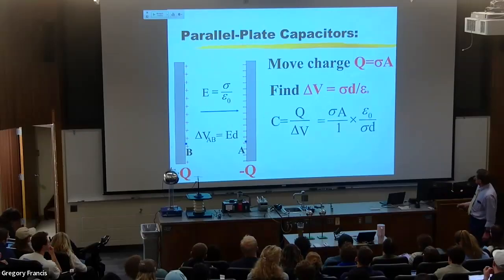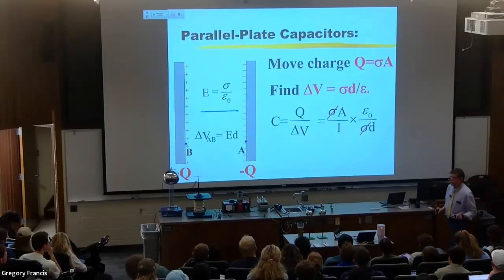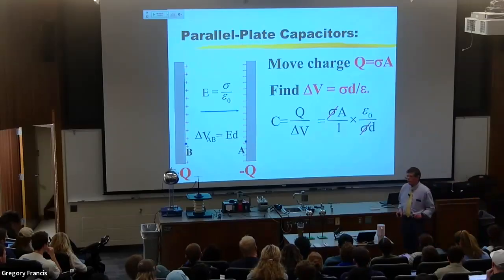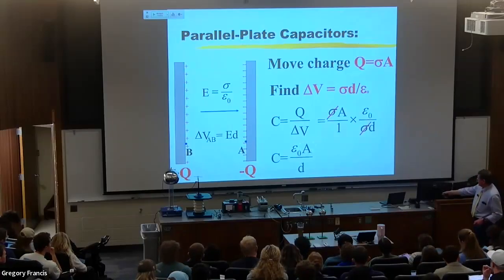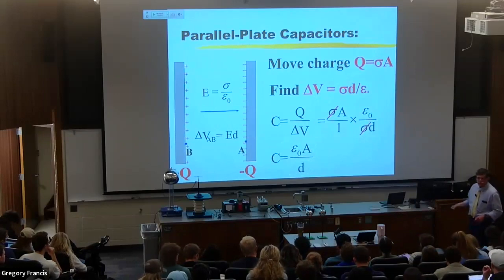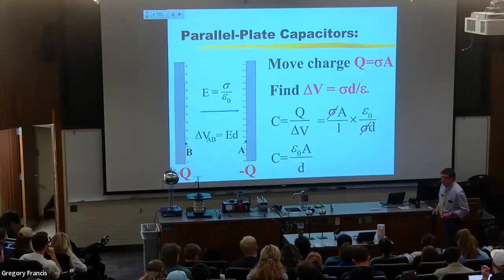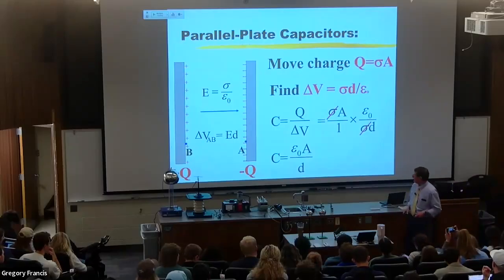And so if I plug those in, you see that the sigma cancels out. It's independent of the charge stored on this device. And what it depends on is just the area of the plates and the distance between the plates and this constant, the permittivity of free space. And that's the simplest form of capacitor.